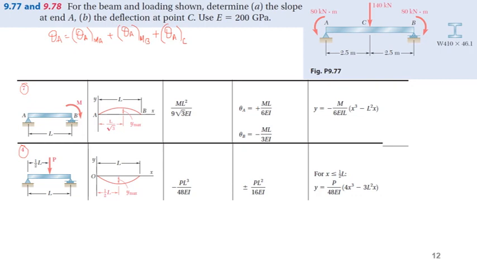Similarly, YC we can write as YC because of moment at A, plus YC due to moment at B, plus YC due to load 140 kilonewton.